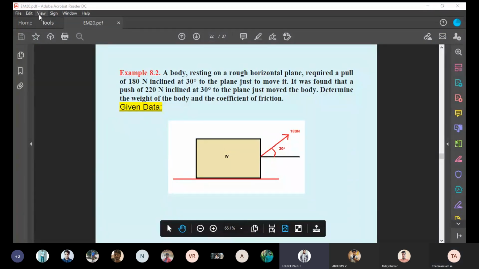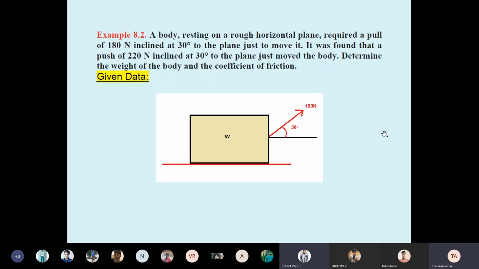A body resting on a rough horizontal plane required a pull of 180 Newton inclined at 30 degree to the plane just to move it. It was found that a push of 220 Newton inclined at 30 degree to the plane just moved the body. Determine the weight of the body and the coefficient of friction.